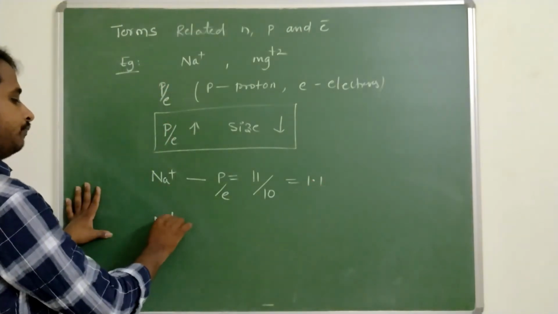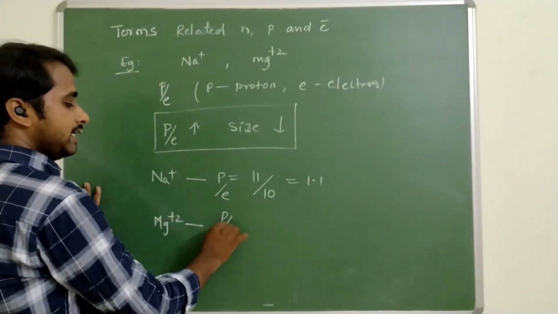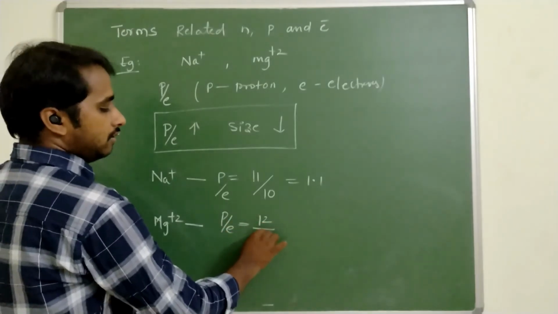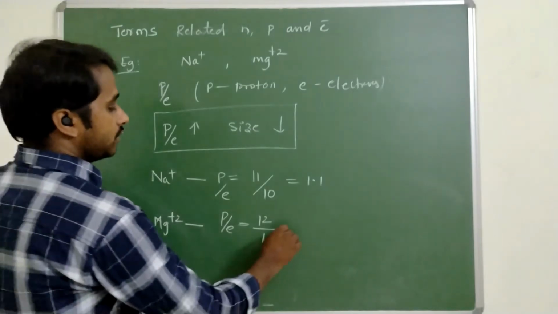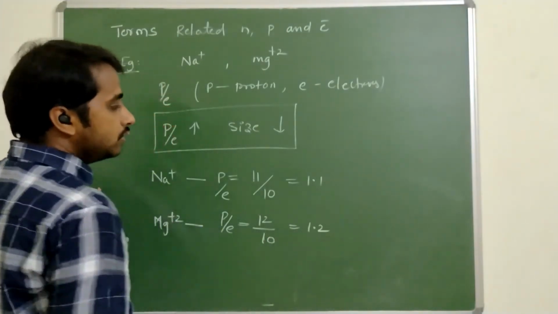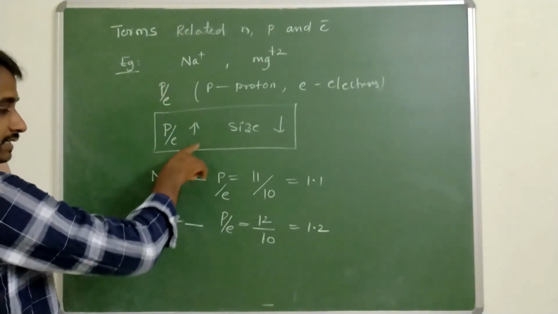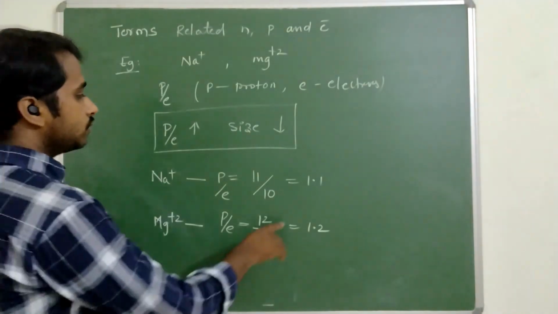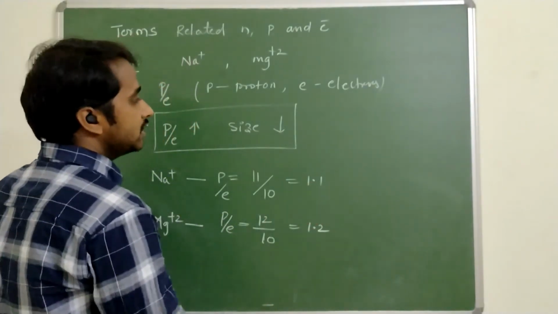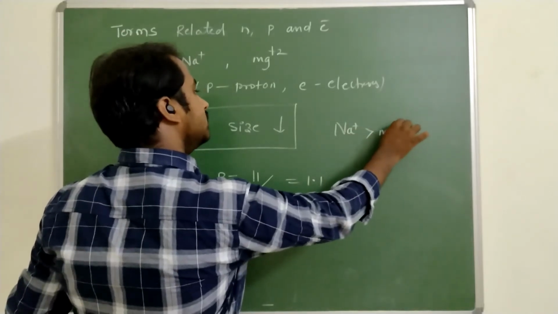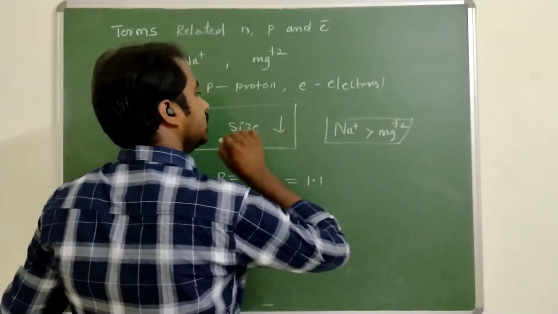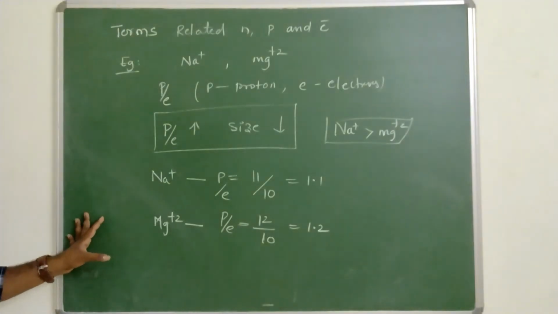Mg2+: protons are 12, electrons are 10 only because those are isoelectronic, so 1.2. As the P by E ratio increases, size decreases. The P by E ratio is less for Na+, so the size of Na+ is more than Mg2+.